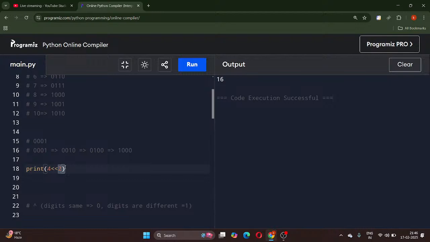Is left shift clear? All right, if it is clear, then please answer me this: what will be the answer for 89 left shift 4?